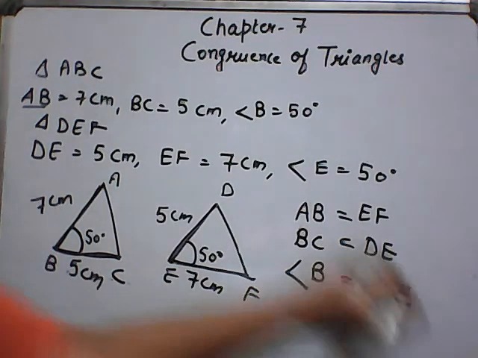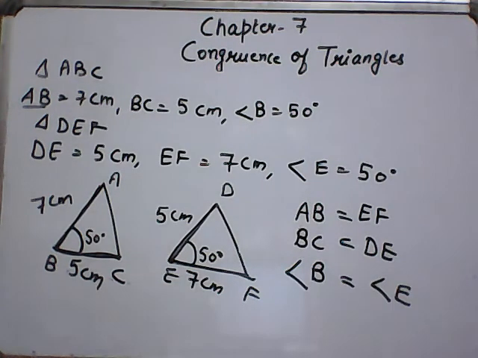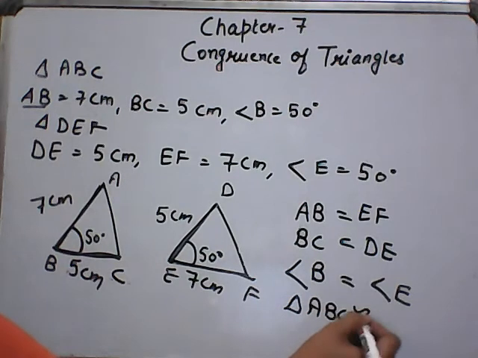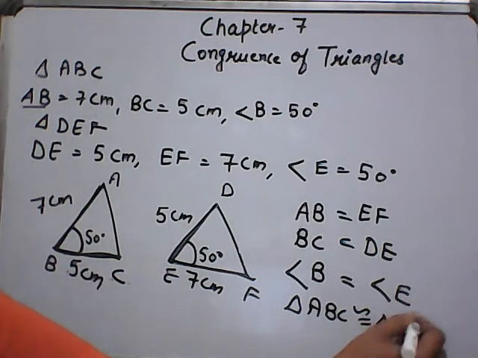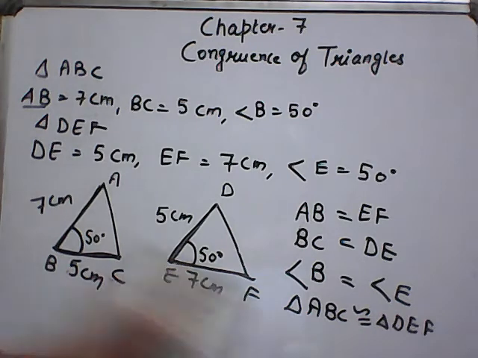So the rule of side angle side is satisfied. Two sides and the angle between them of one triangle are congruent to two sides and the angle between them of another triangle. So we can say these two triangles are congruent by using the side angle side rule. In this way, you can check whether these two triangles are congruent or not by using side angle side.